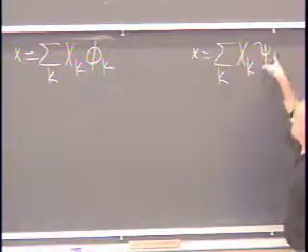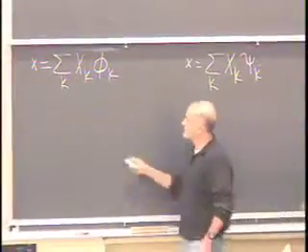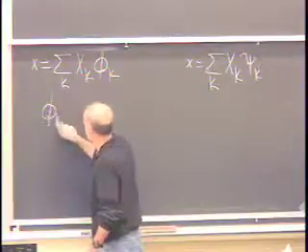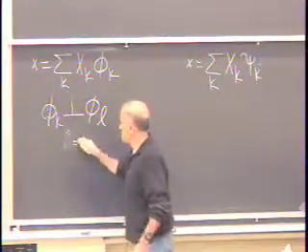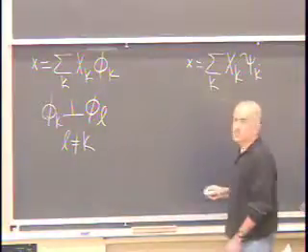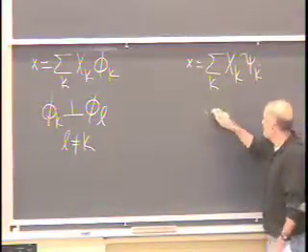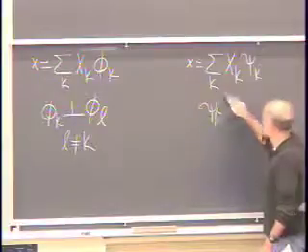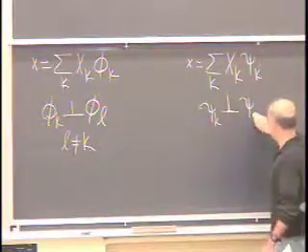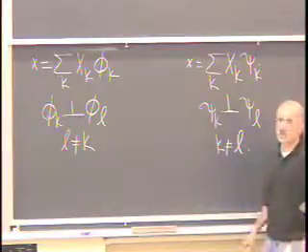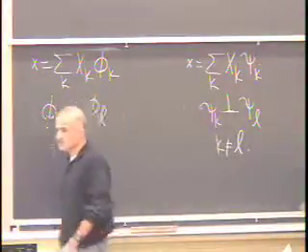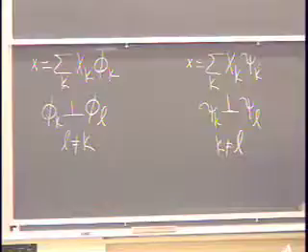But one thing that was common was that different phi k's were perpendicular or orthogonal, and so are the different c k's. And that's a feature that we exploit in finding those coefficients.